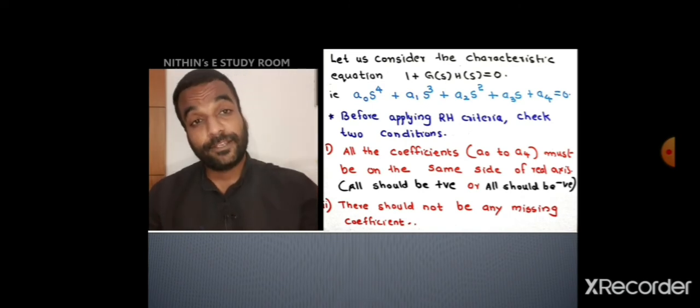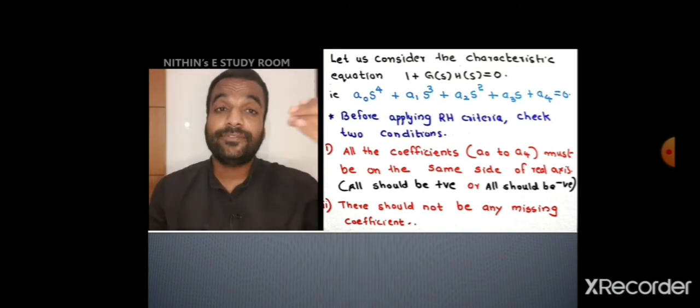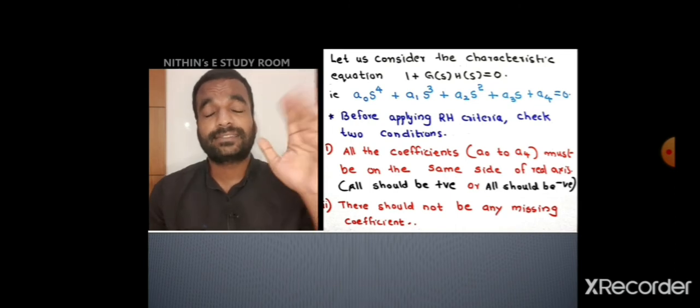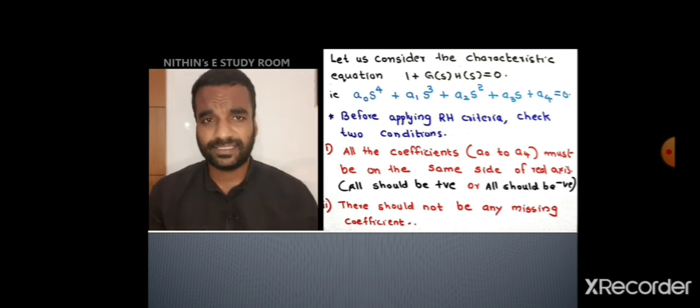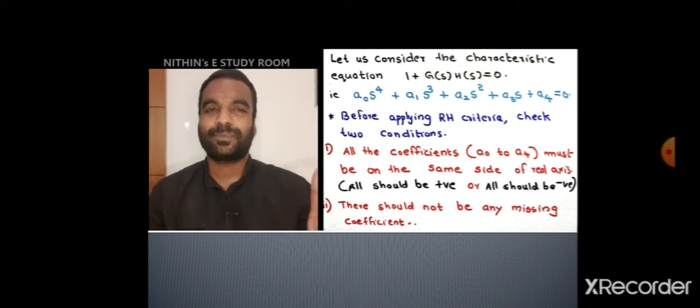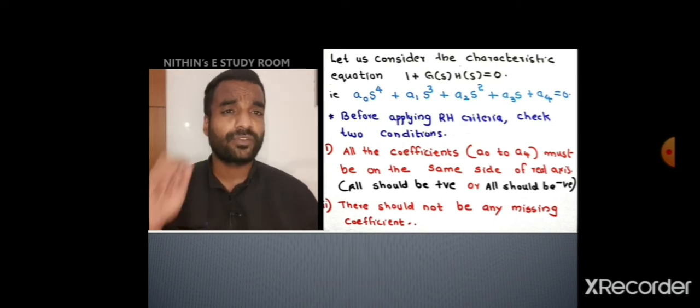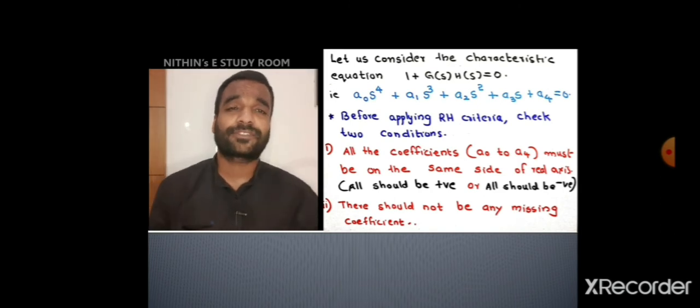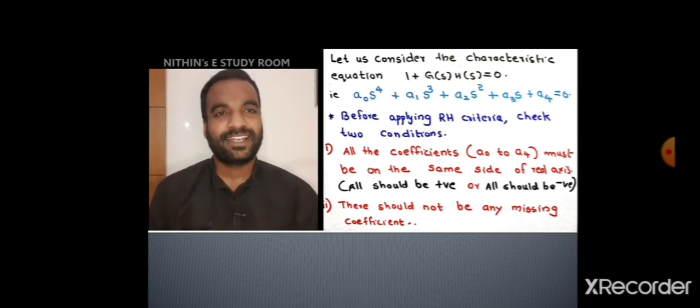Without applying the RH criteria itself, you can say the system is unstable. So in university exams, they will not permit you to do it like this. They will have you apply the RH stability criteria. But in some GATE problems, we can see a big transfer function appear and they will ask whether it is stable or unstable.